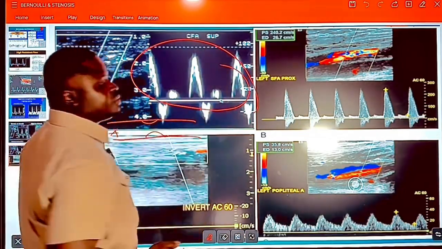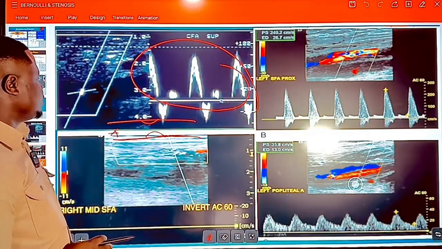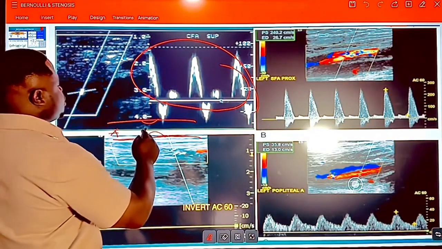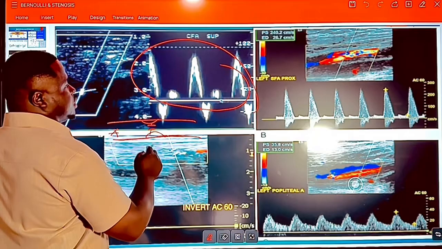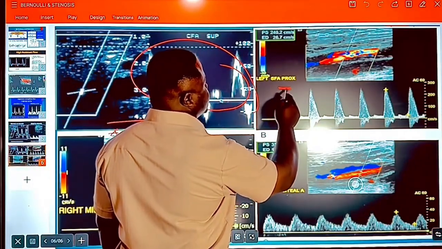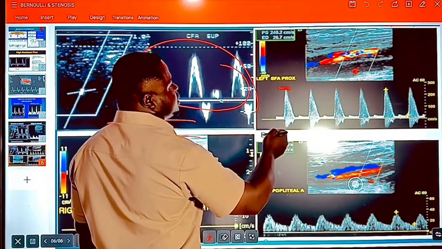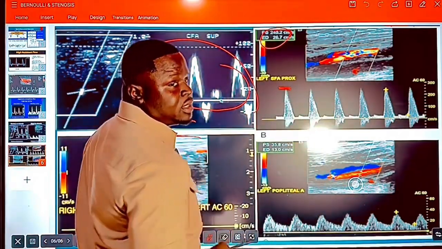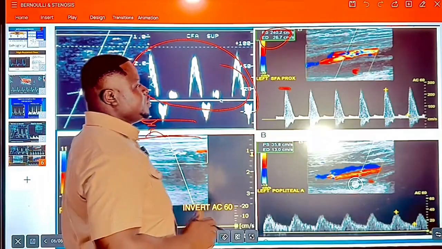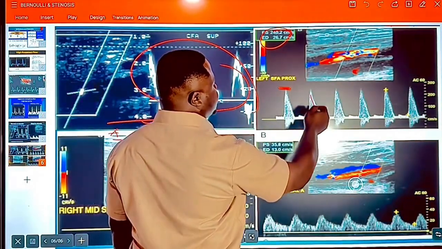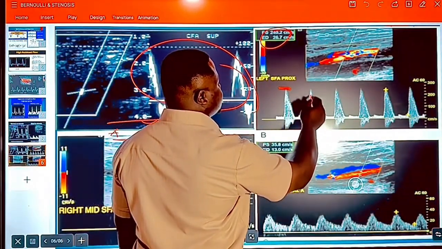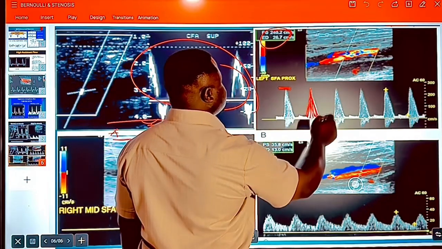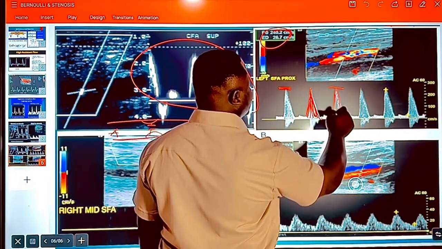A normal triphasic flow. At the point of stenosis here, the peak systolic velocity is going to what? Increase. So look at it here. We have around 240 centimeters per second. That is very high. And then just look at the filling in here of the spectral window.